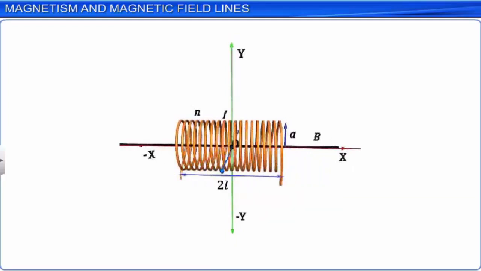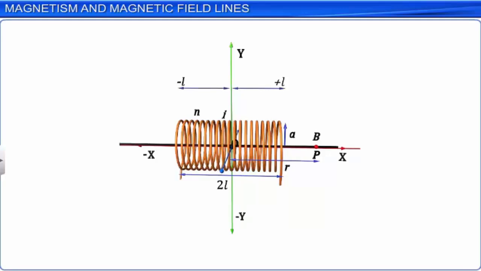Then, the left end of the solenoid lies at the position -L, and its right end at +L. Let us consider a point P on the axis of the solenoid, and let R be the distance from the center of the solenoid to that point.